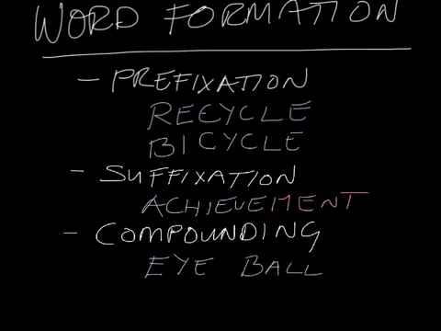Ball is something you use to play football, and eye is something you see with. If you put them together, we have eyeball, a new word. Other examples are olive. We know what olives are, and we know what oil is, and together it's olive oil. That's compounding. Today we are only going to focus on suffixation.